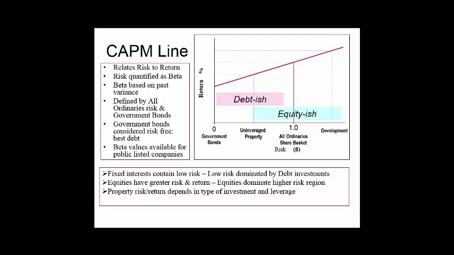That is the return on government bonds, which are considered to have zero risk, and the return on that basket of shares that is the all ordinaries measure on the Australian Stock Exchange. And by definition, the return on all ordinaries is also given a unit beta measure, and all other risk measures, all other betas, are measured relative to the all ordinaries risk level.